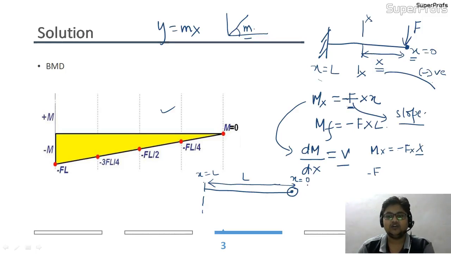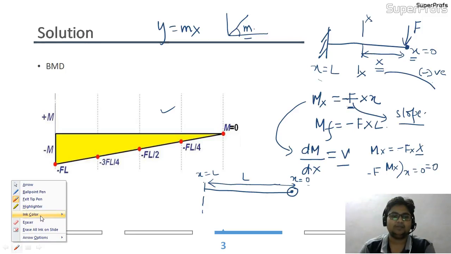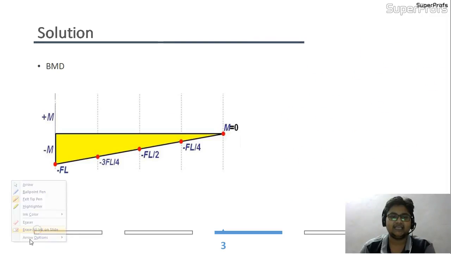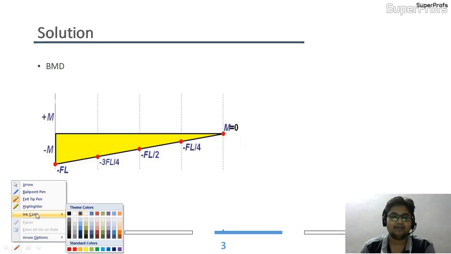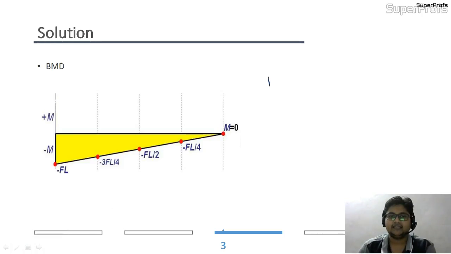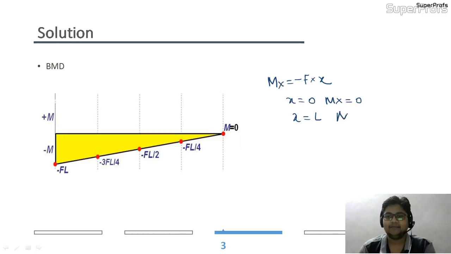At x equal to 0, Mx is 0, so that point comes on the origin itself. Now I am writing the equation again: Mx equals minus F into x. At x equal to 0, Mx is 0, and at x equal to L, Mx will be F into L, and this will be the maximum bending moment in this entire cantilever beam.